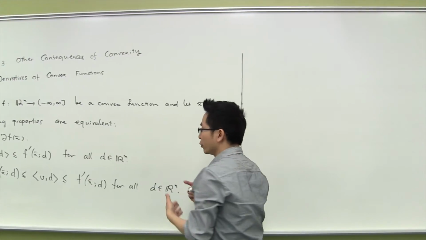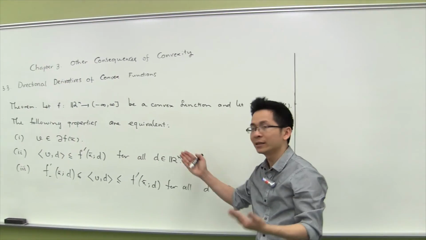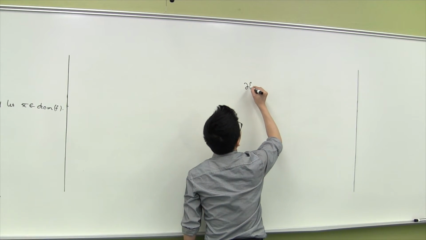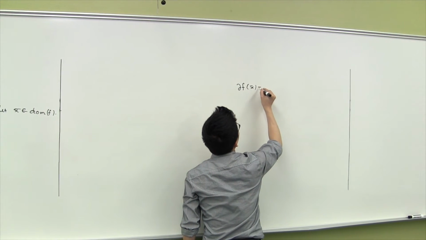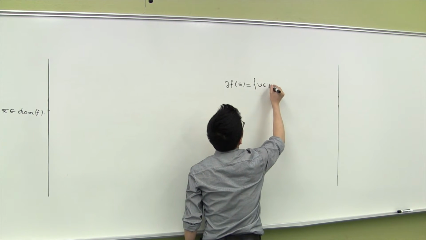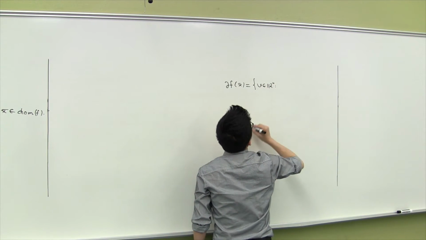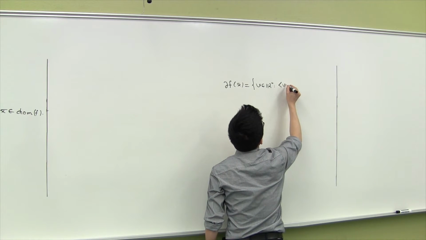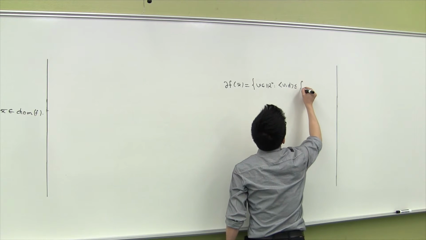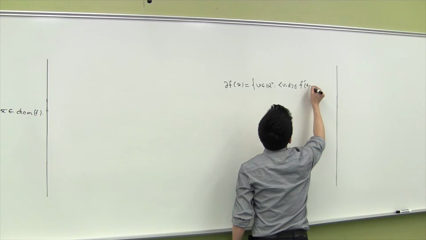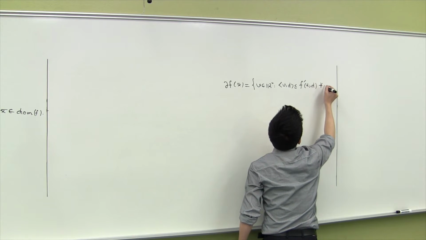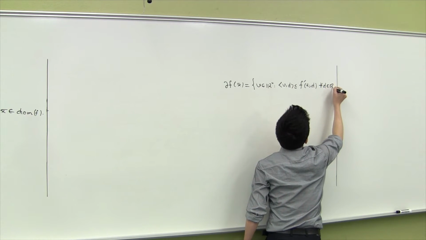So, from the equivalence of (i) and (ii), we have that the subdifferential of f at x bar can be written as the set of all v in R^n such that the inner product of v and d is always less than or equal to f'(x bar; d), and this is true for all d in R^n.